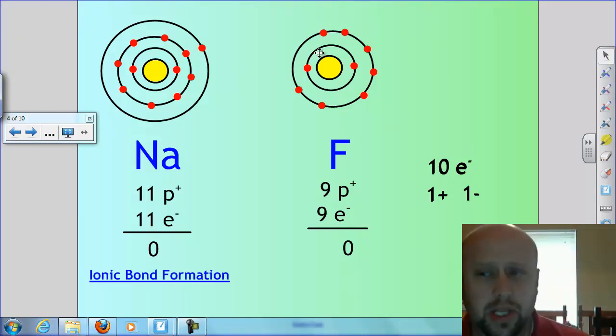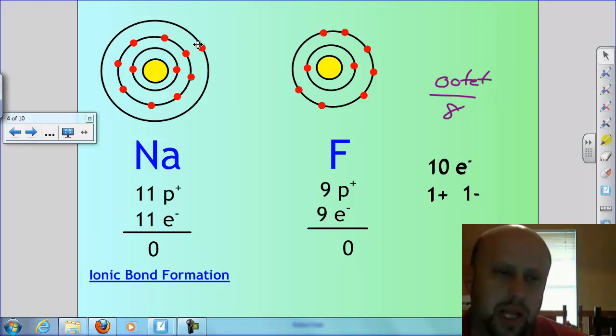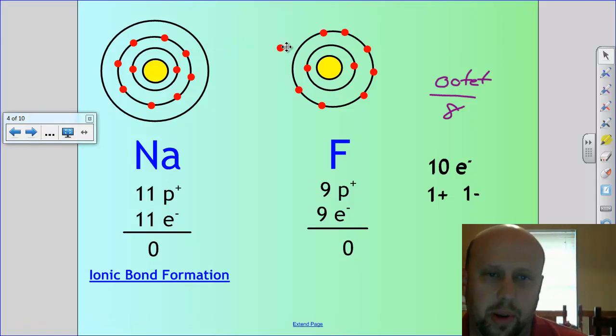Now, neither one of these is happy, because what we're looking to get to is an octet, 8 valence electrons. The way that happens in ion formation is that the sodium gives its electron to the fluorine.